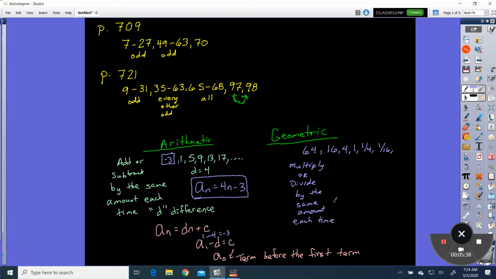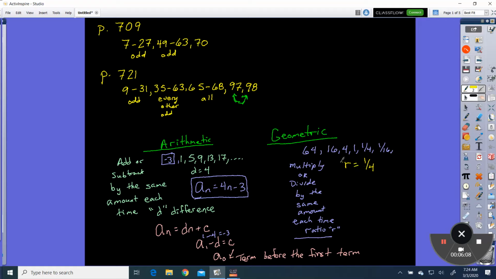And they call that the R, the ratio. So when they ask you to find the common ratio, that's what you're multiplying or dividing by each time. So what's the common ratio? The common ratio would be 1/4. So that's what you're multiplying by each time.